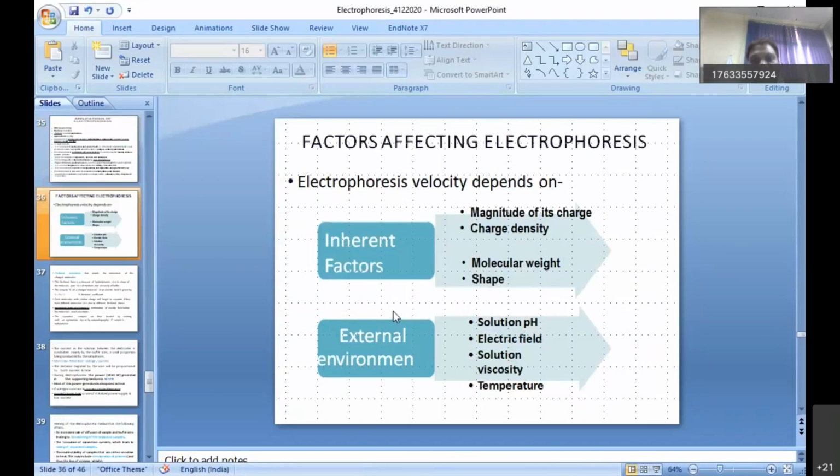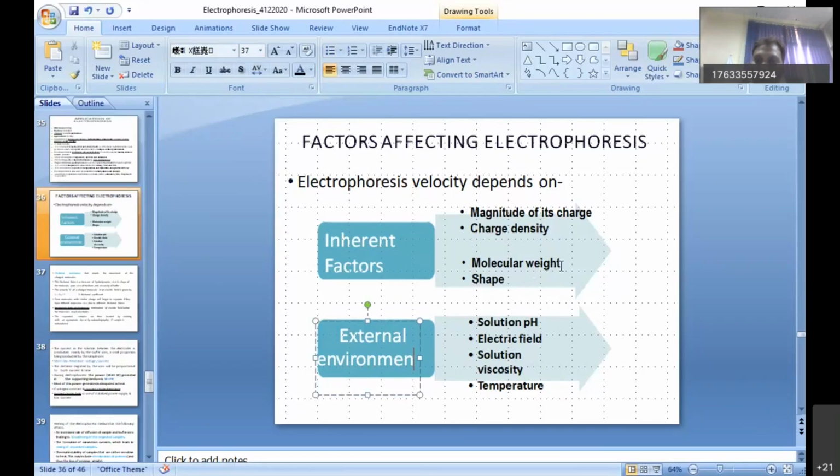So the most important thing is what factors you have to look for in electrophoresis. When you're doing the experiments, you have to take care of the inherent factors and the external environment. The inherent factors are the size, magnitude and charge, and molecular weight.